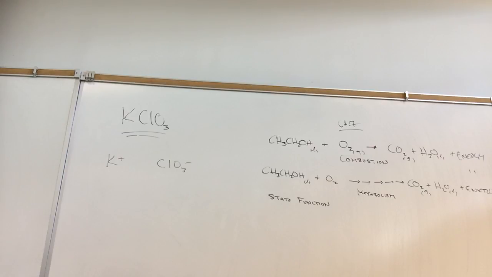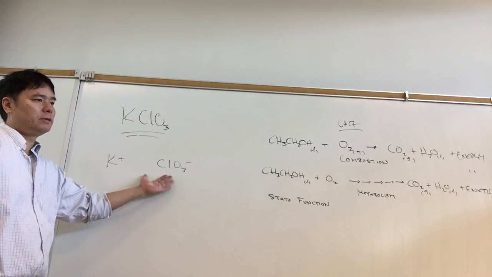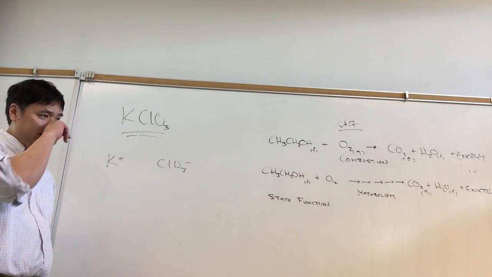Why is chlorate not as bad as perchlorate? Yeah, because chlorine plus 7 plus 5 is not as bad, not as electron poor, but still quite electron poor, so chlorate's still.